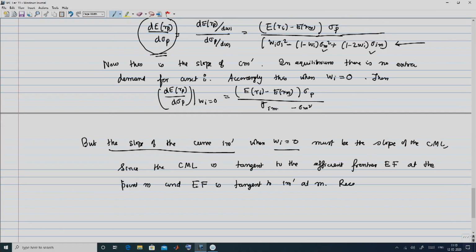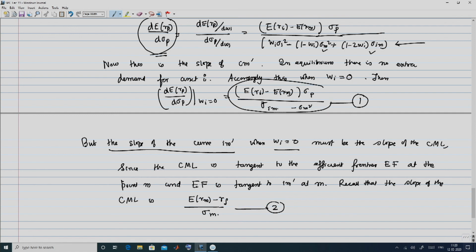Okay, now that we have made this reconciliation, let us recall what is the slope of the capital market line. The slope of the CML is E R M minus R F over sigma M. I identified this slope at W I equal to 0 as equation 1 and this slope as 2.